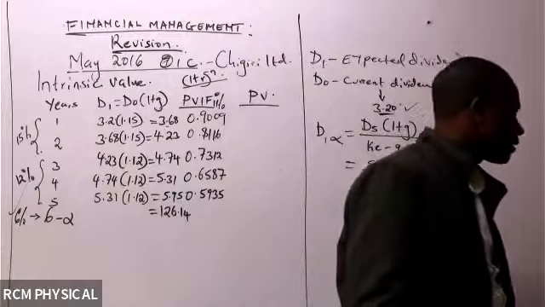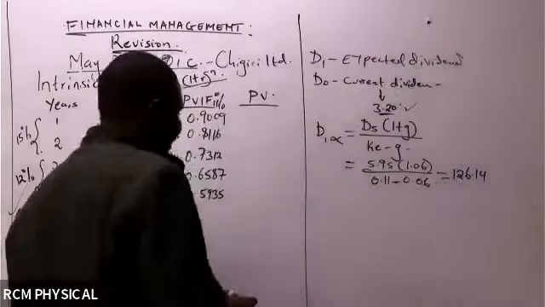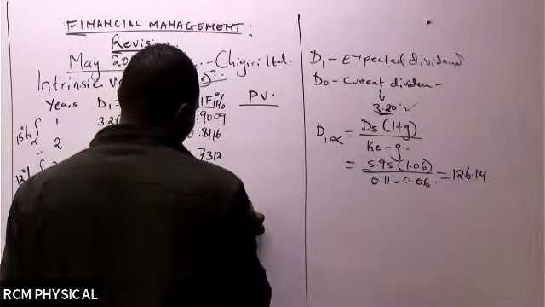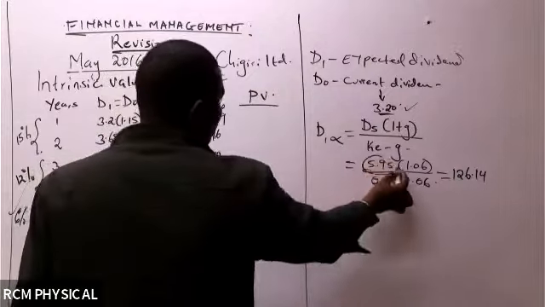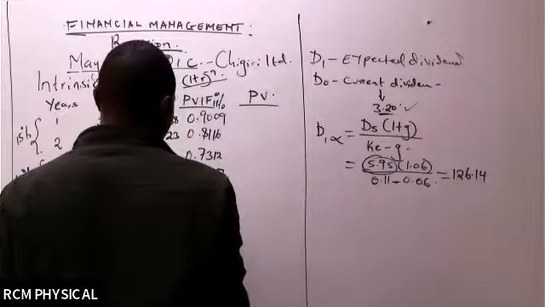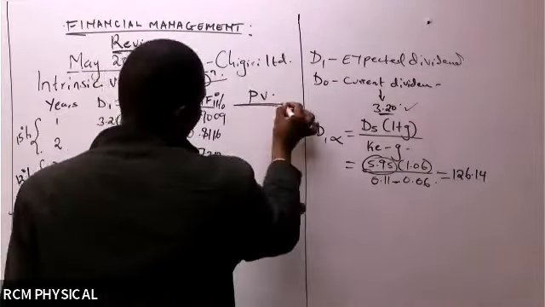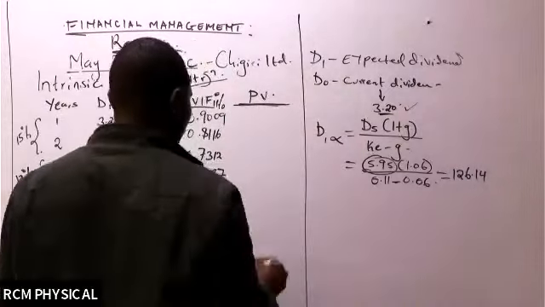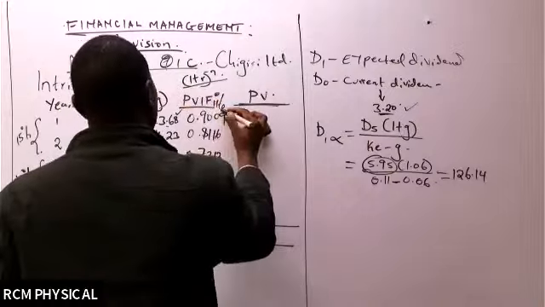You draw down the one for the previous year. Let's get the present value, so that we get the summation to get the intrinsic value. Give me the first one: this times this.